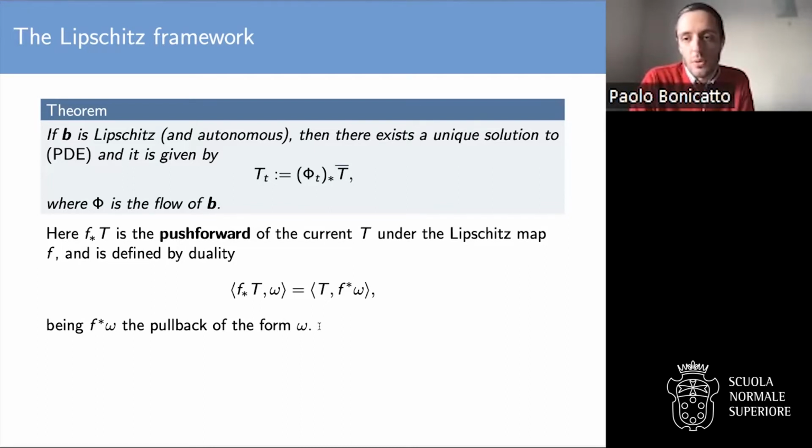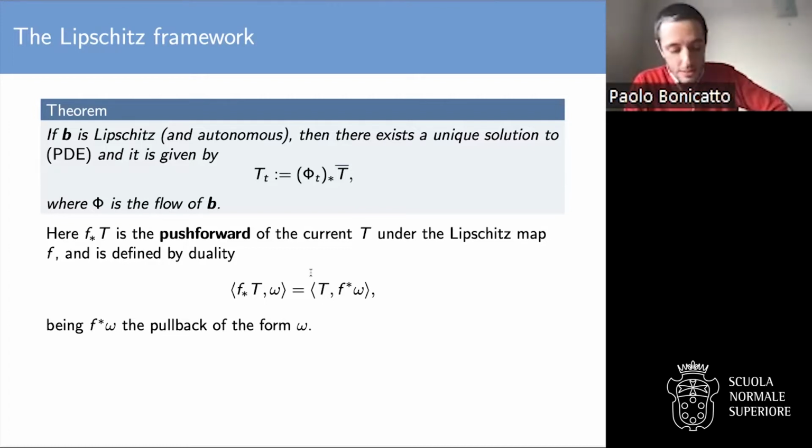It's the push forward along the flow of the initial datum. So I'm transporting the current along the flow of the vector field, whenever such a flow has enough regularity, for instance is Lipschitz or C1, in such a way that the push forward operator is well defined. I have defined here on the slide what the push forward of a current is, and again it can be defined in duality with respect to the pullback of a differential form.